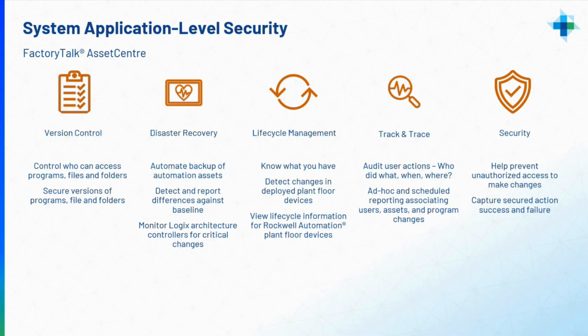And then finally, I want to cover system application level security, where, utilizing the FactoryTalk directory and security, users can enforce permissions per user that are necessary for their role.